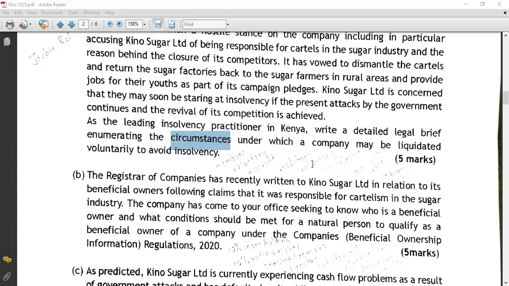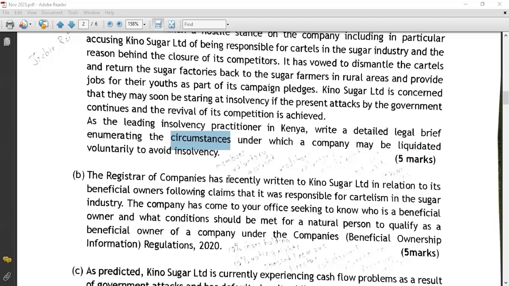When I was preparing for this, I had not thought about creditors' voluntary liquidation. But the question is talking about circumstances under which a company may be liquidated to avoid insolvency in Kenya. So you have introduced something I had not thought about.